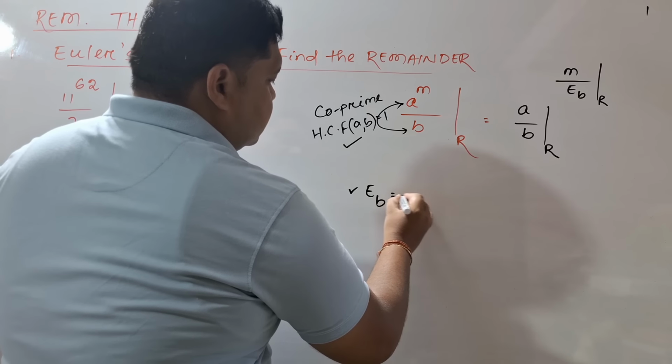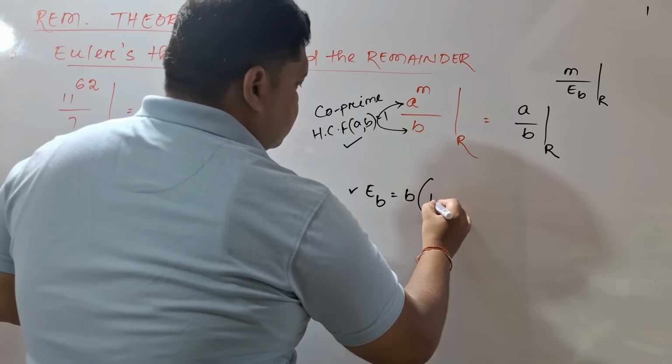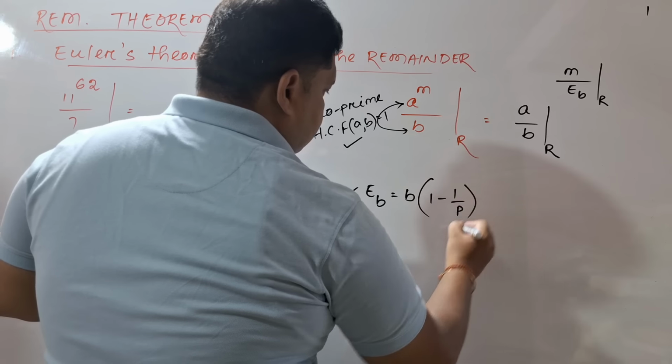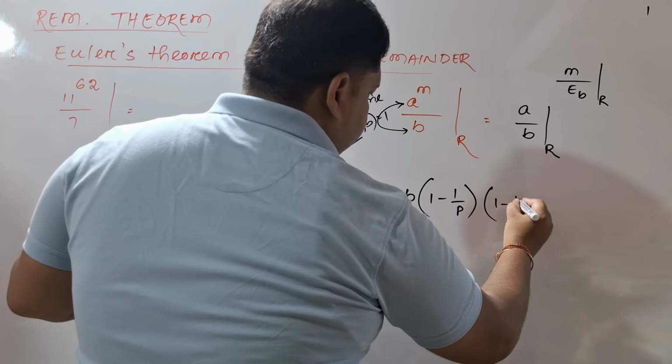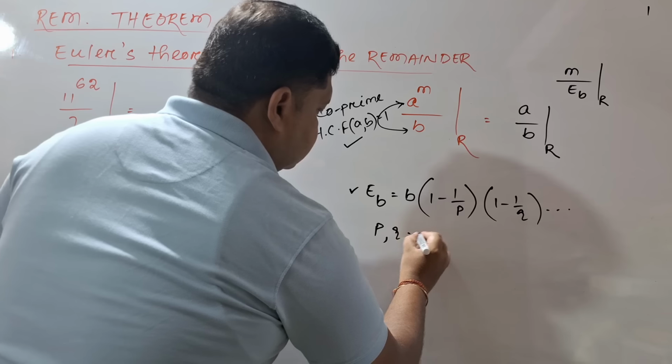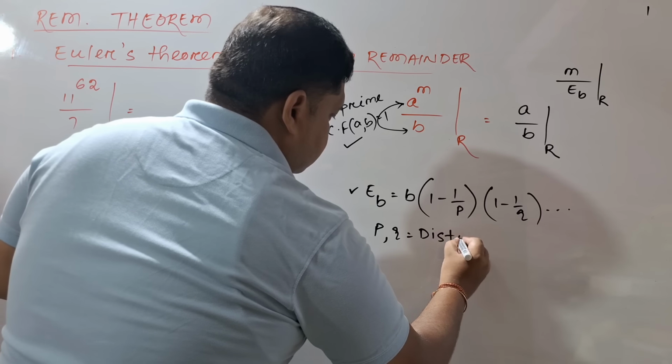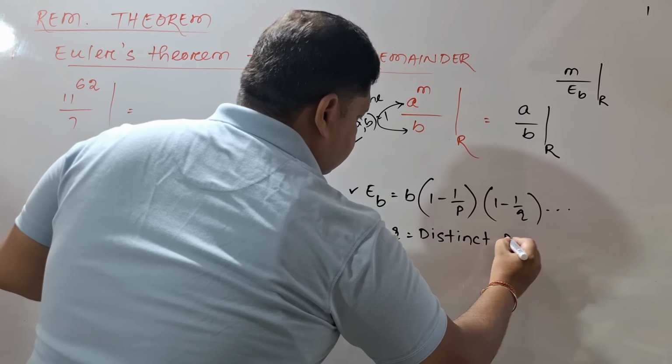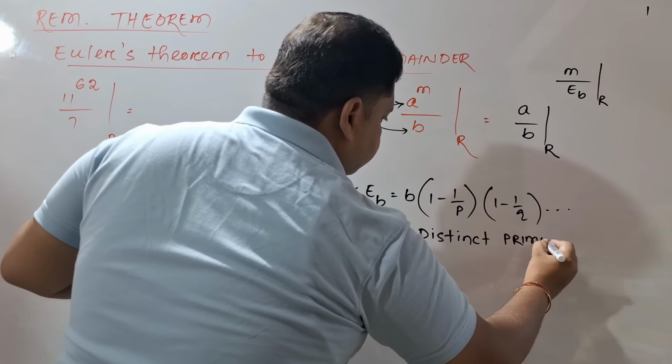Euler's number of b is equal to b whole into 1 minus 1 by p whole into 1 minus 1 by q and so on, where p and q are the distinct prime factors of b.